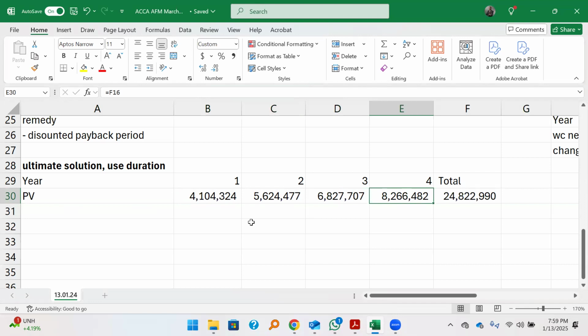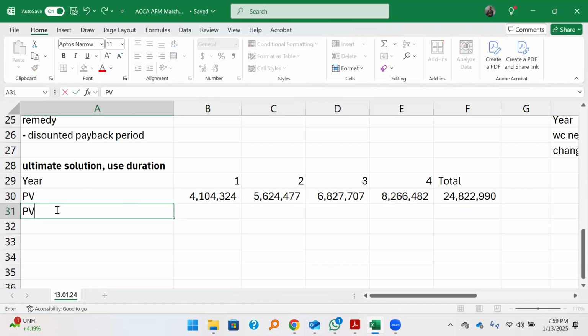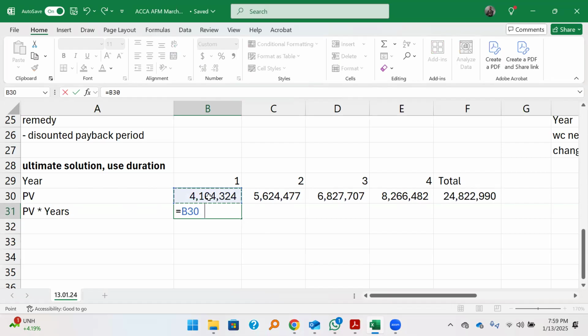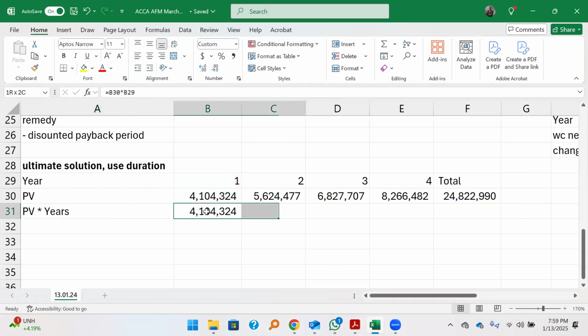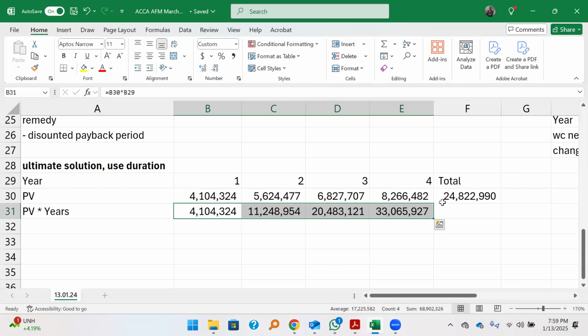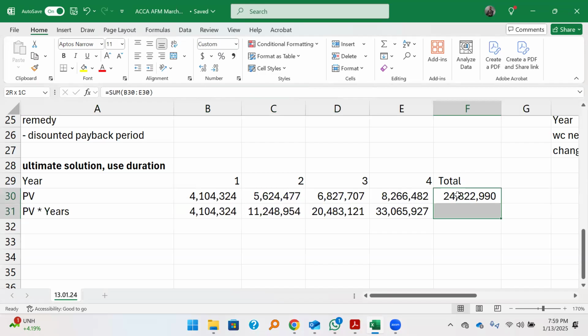Then from there, you can get the proportion, or you can just get present value multiplied by the years. Basically, what you do is 4.101 times 1. Then you do the same for all of them, okay? And then you still get the sum for those.